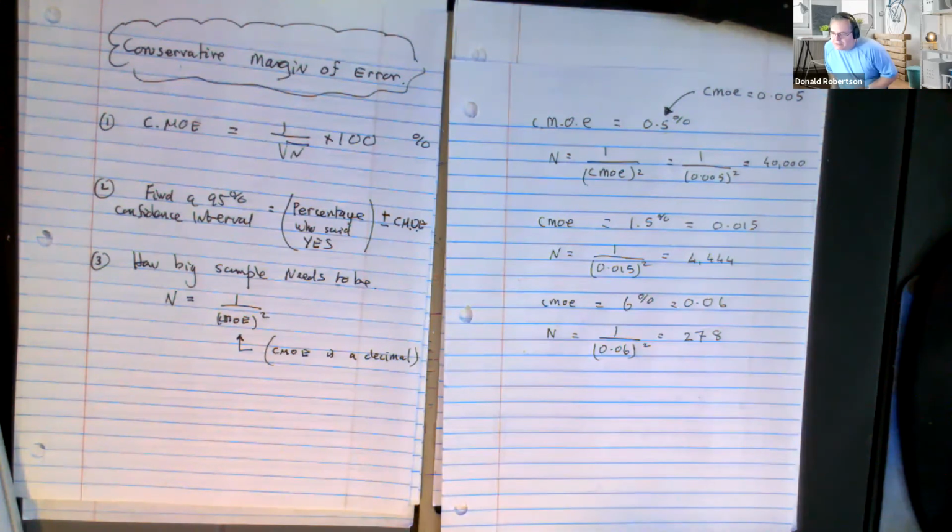So be really careful when you hear information about surveys, they tend to call them polls, on TV or radio, especially ones that are concerned with politics or something that's important. Pay careful attention to what the margin of error is.